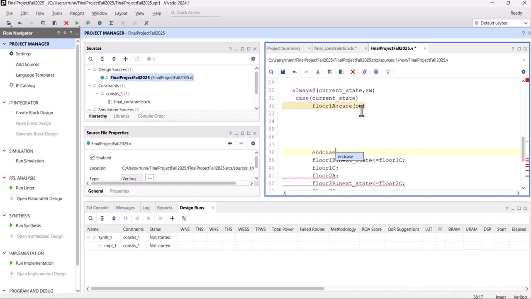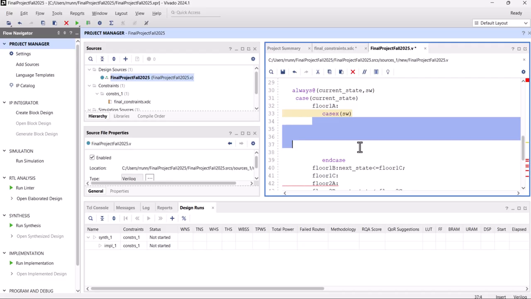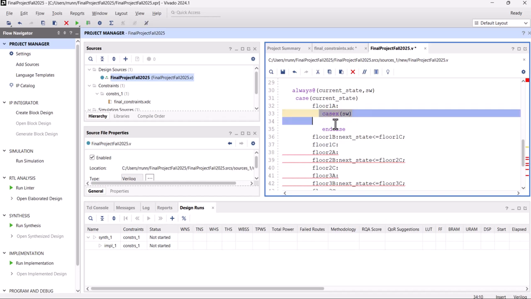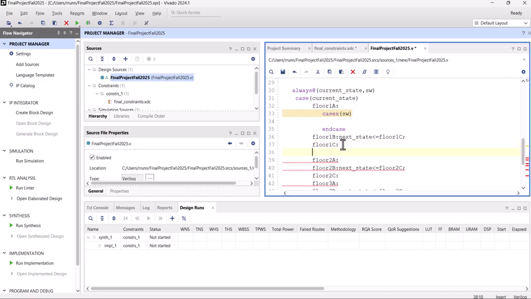Okay, so I'm going to walk you through doing this first one based on how we discussed it in our session. So for most of these, you will have a case that's going to be based on the switches as to what the next state is going to be.